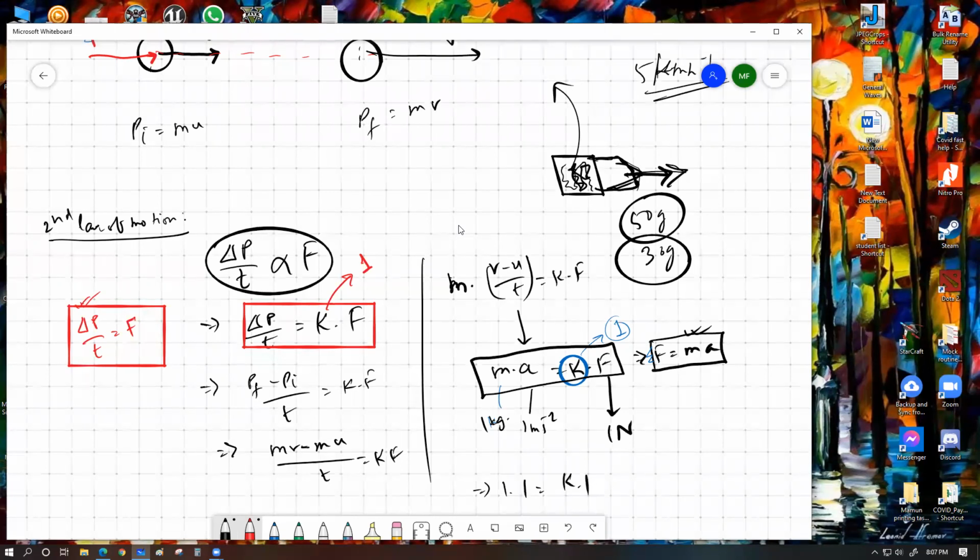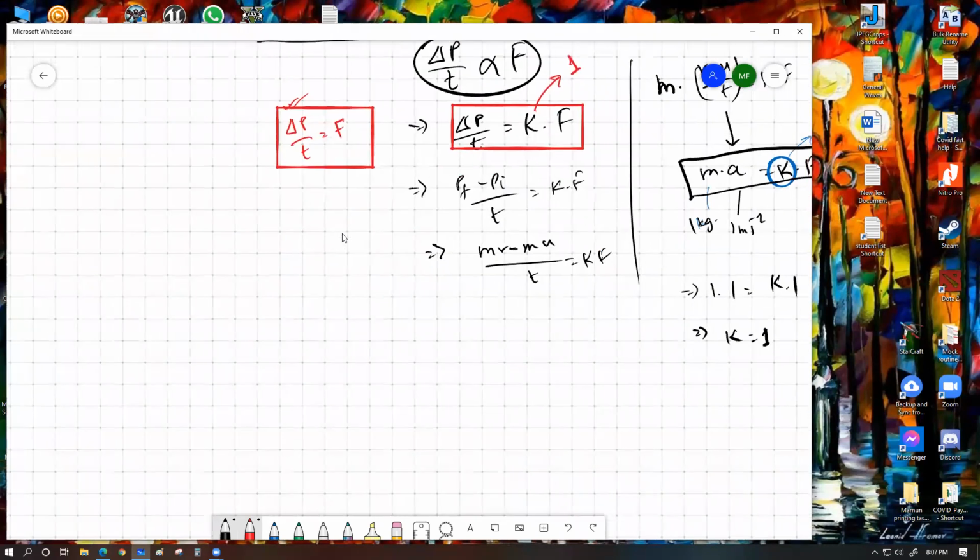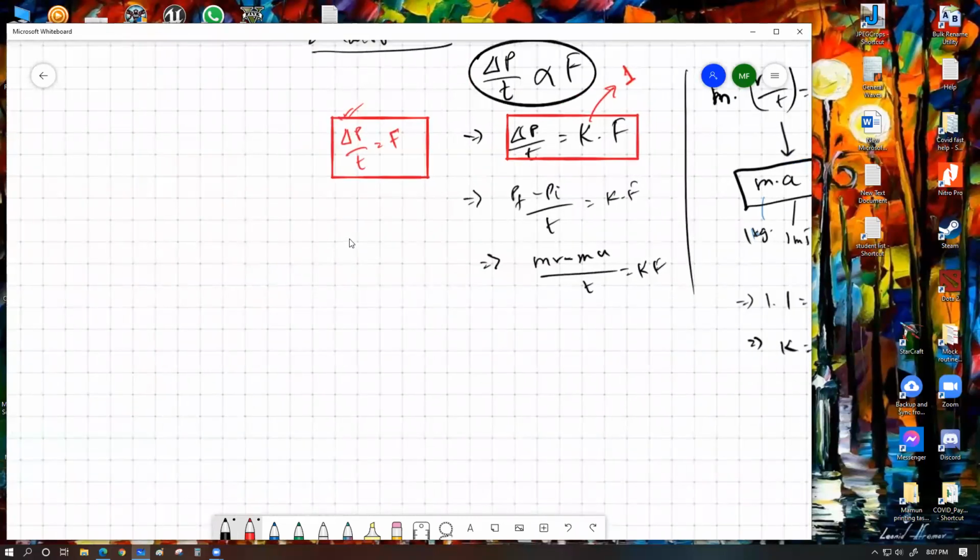The other thing that we actually get from this equation is what is called impulse. If we just cross multiply this equation, we can write delta P equals force into time. This expression, force into time, is also called impulse on an object.